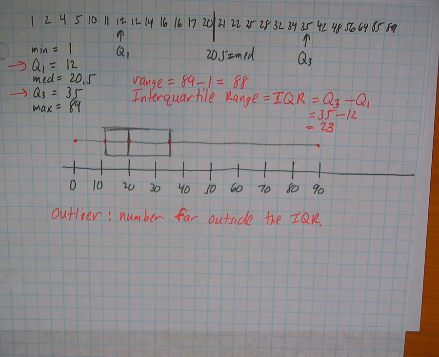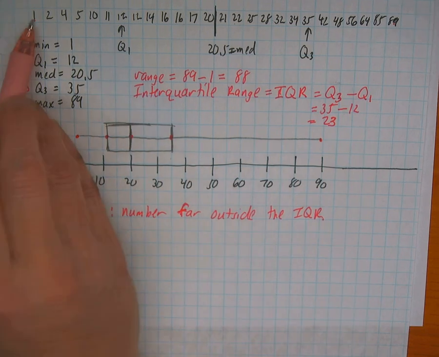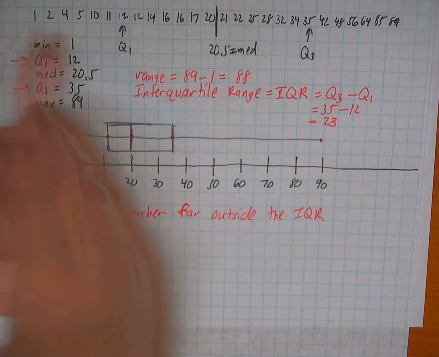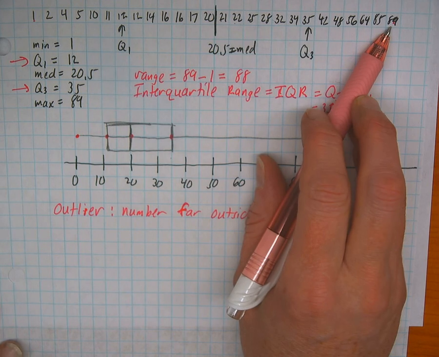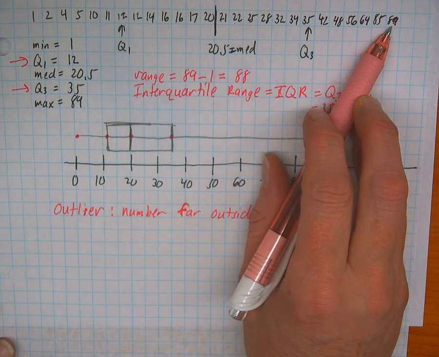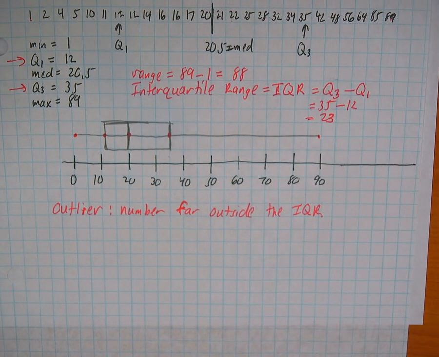Well, how far is far? How do we determine if something's an outlier? Is the 1 an outlier? It's kind of far. Is the 89 an outlier? That's really far. But is there some sort of rule? Yes, there is. There's a rule.